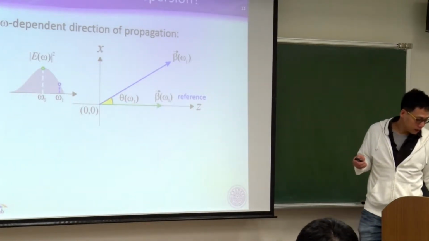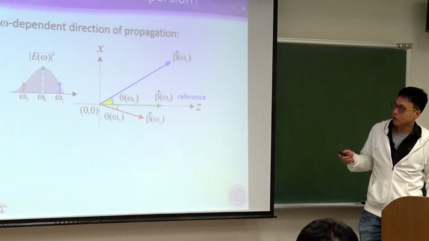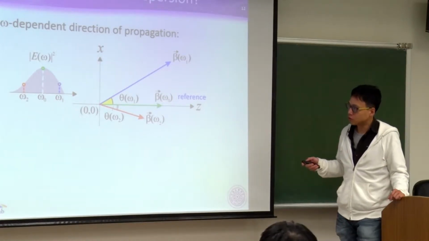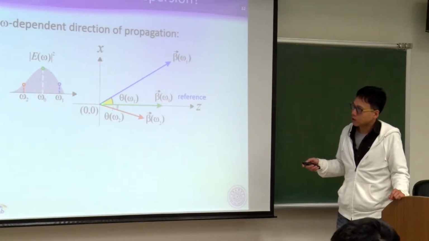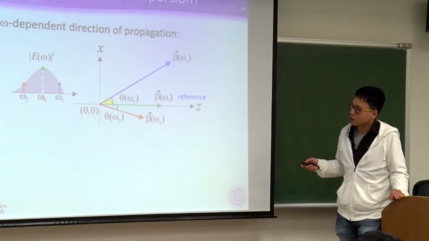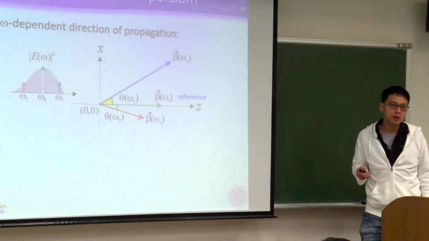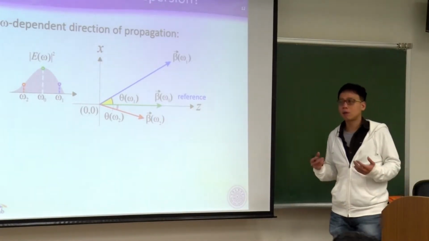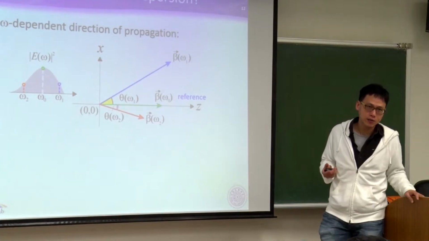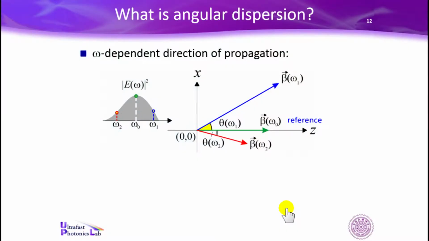Then at the third frequency, omega equals omega 2, the propagation direction is also different, making another angle theta of omega 2 with respect to the reference. So different colors propagate along different directions. This is defined as angular dispersion, or frequency-dependent angle, frequency-dependent propagation direction.